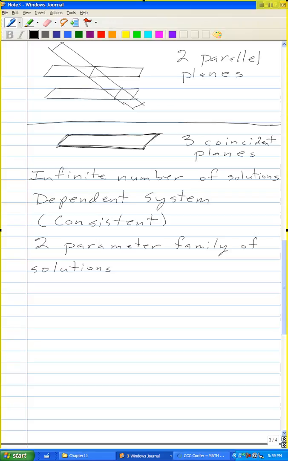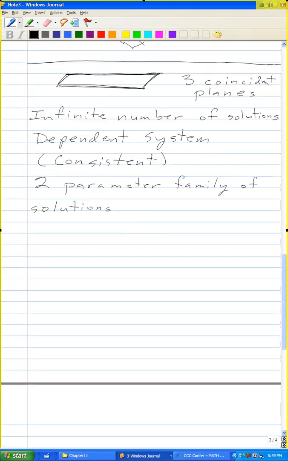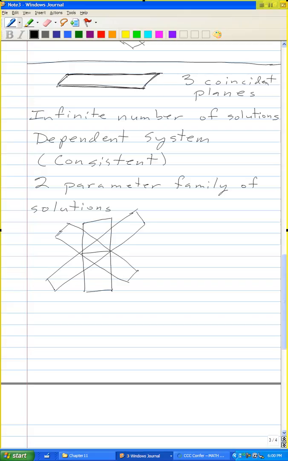So next, we could also have the case where we have one plane and another plane intersecting along, let's say, some line, and then we have another plane also intersecting along that line.